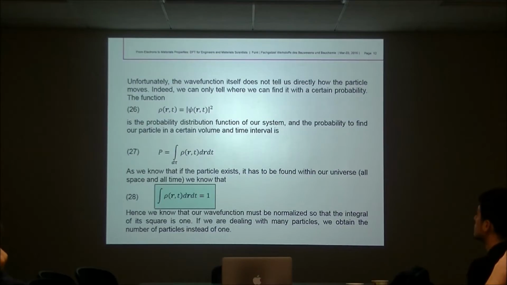What we always know is that this particle exists, so it has to be found within our universe, which means all space, all time. We integrate over all the time, over all the space, and we know that the integral of the density must be 1 for one particle. If you have a system with 10 particles, the integral of the density must be 10. If we have a million, it must be a million.